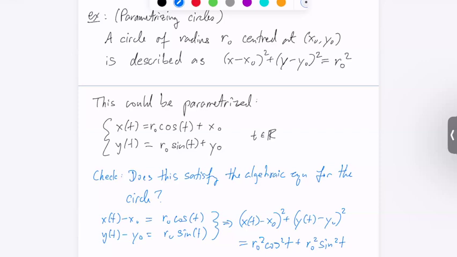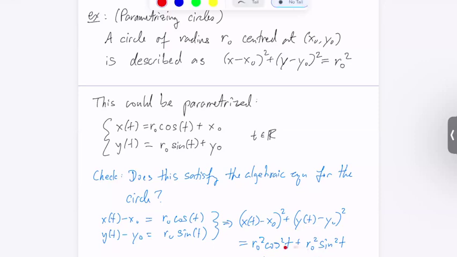And what's cos squared t plus sine squared t? Let me think back to your trig identities. Right, so this is r0 squared times cos squared t plus sine squared t, which is 1, so it's just r0 squared, right?